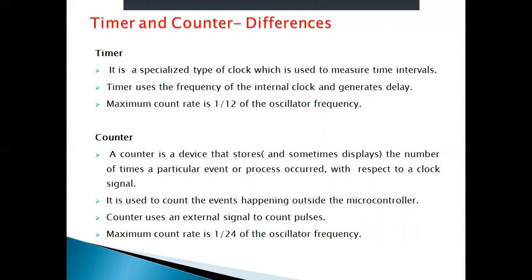Whereas counter is a device that stores the number of times a particular event or process occurred with respect to a clock cycle. It is used to count the events happening outside the microcontroller. Counter uses an external signal to count the pulses, and the maximum count rate is 1 divided by 24 of the oscillator frequency.